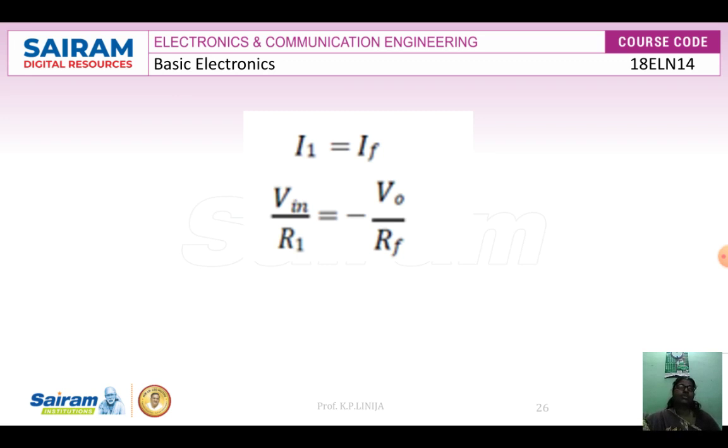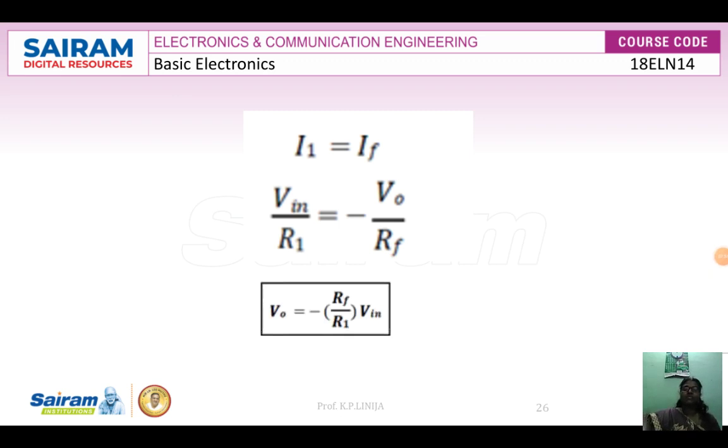Now we are going to equate the two equations. Already we calculated I1 is equal to Vin by R1 and IF is equal to minus V0 by RF. So we need to calculate V0, by cross multiplication.